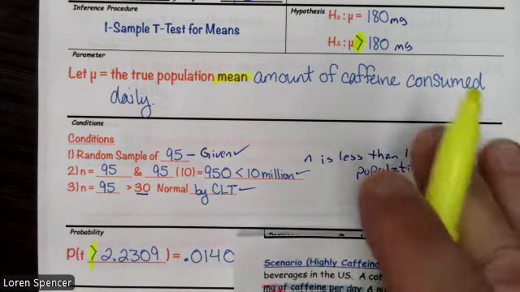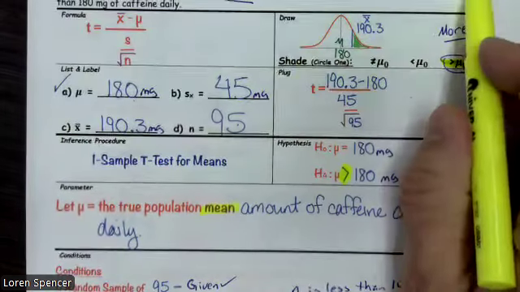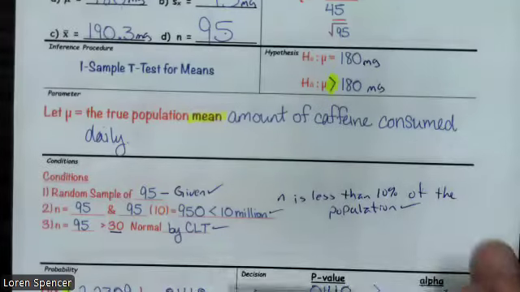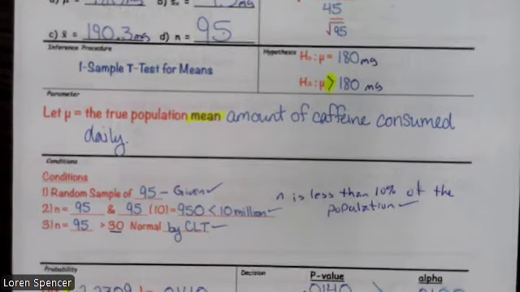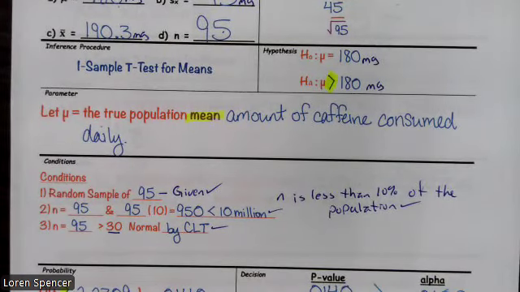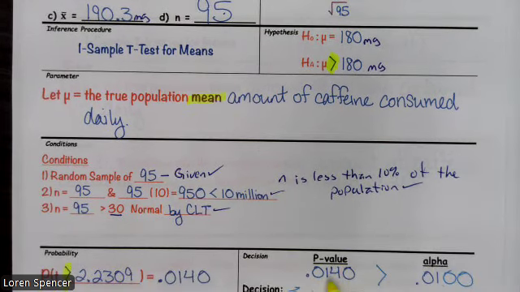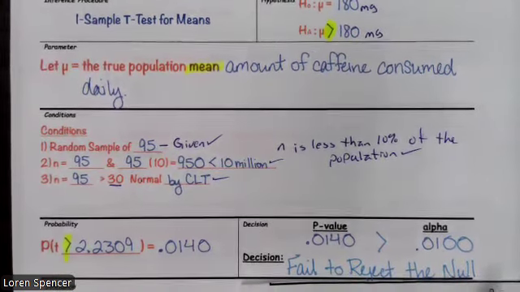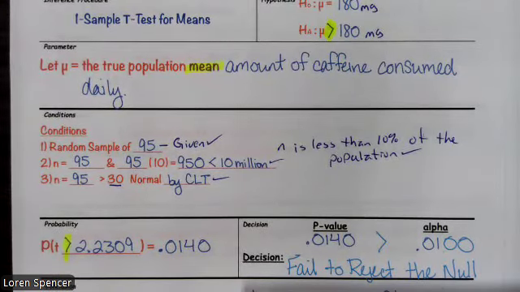Okay, they told us our alpha level is 0.01. Well, 0.0140 is greater than 0.01. Remember, make them the same length. So 140 is bigger than 100. So because it's bigger, we're going to fail to reject.